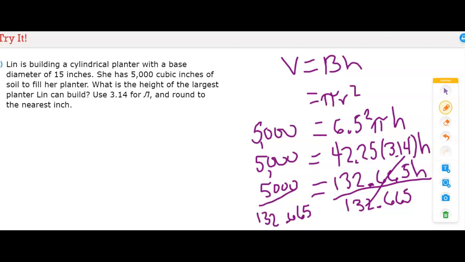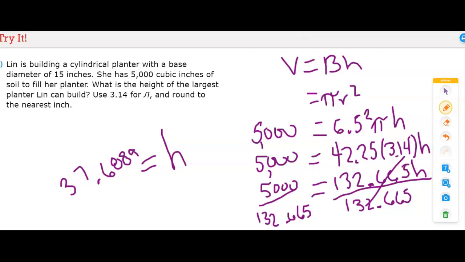Okay, that cancels out. So we have h is equal to, let's see, 5,000 divided by 132.665, 37, and a really long decimal, but I'm not going to write all of it.